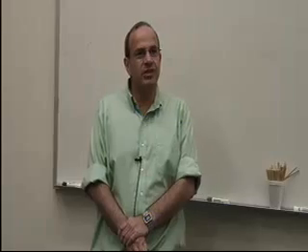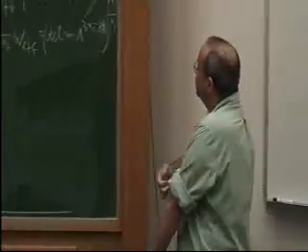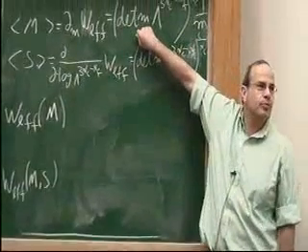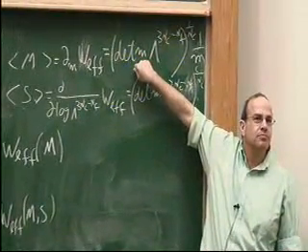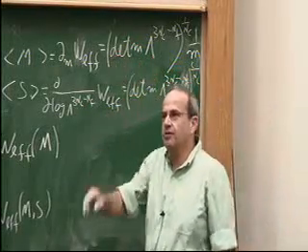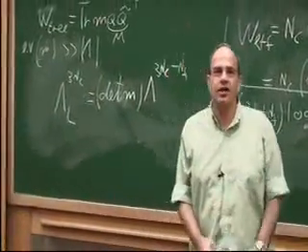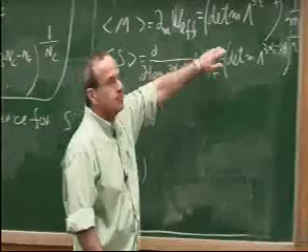If the number of flavors is bigger than the number of colors, the rank is the number of colors. This is not true here. This is a matrix with maximal rank. So the operator Q Q tilde classically has a restricted rank. Now we see that its quantum mechanical expectation has the full rank.